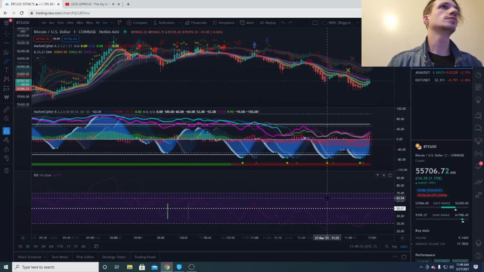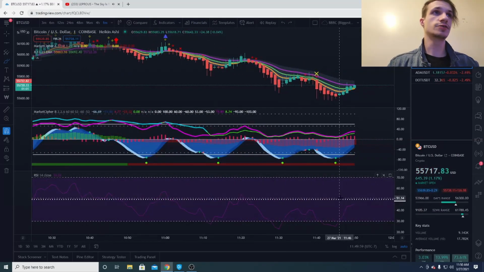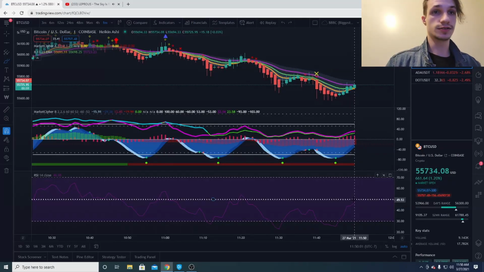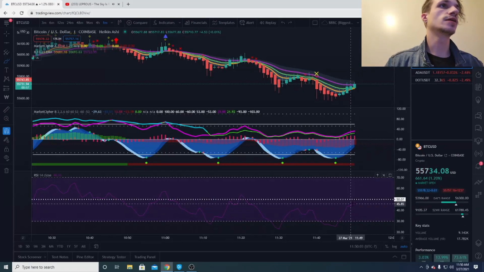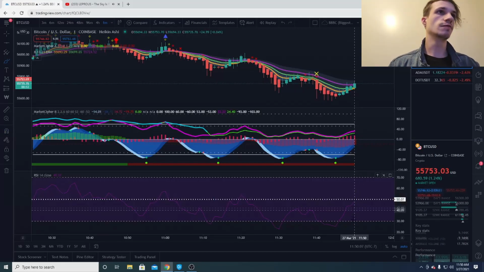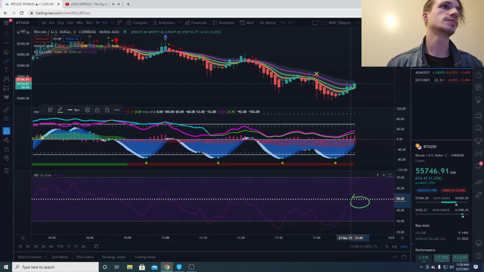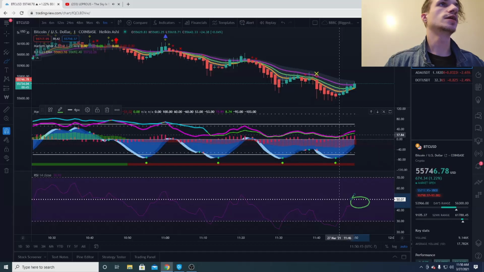All right, so let's do some backtesting with this strategy. So with my strategy, I will want to wait to get a confirmation of this crossing up here into the 50 line, sorry, not 0 line, and see if it holds. I will want to wait to get my first histogram tick up and then my first green candle.